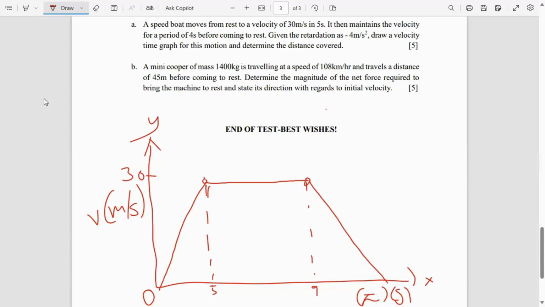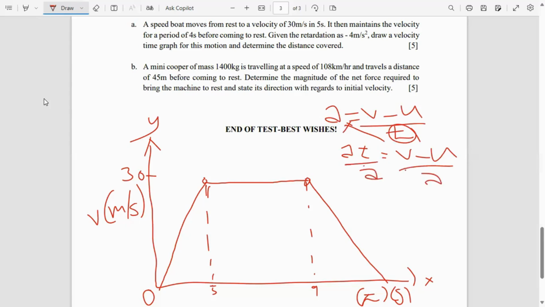So we know acceleration is equal to final velocity minus initial velocity over time. And we want to find time. So we'll cross multiply there, and we're going to get AT is equal to V minus U, over A, that means A is cancelling out. So time is equal to final velocity minus initial velocity over acceleration.